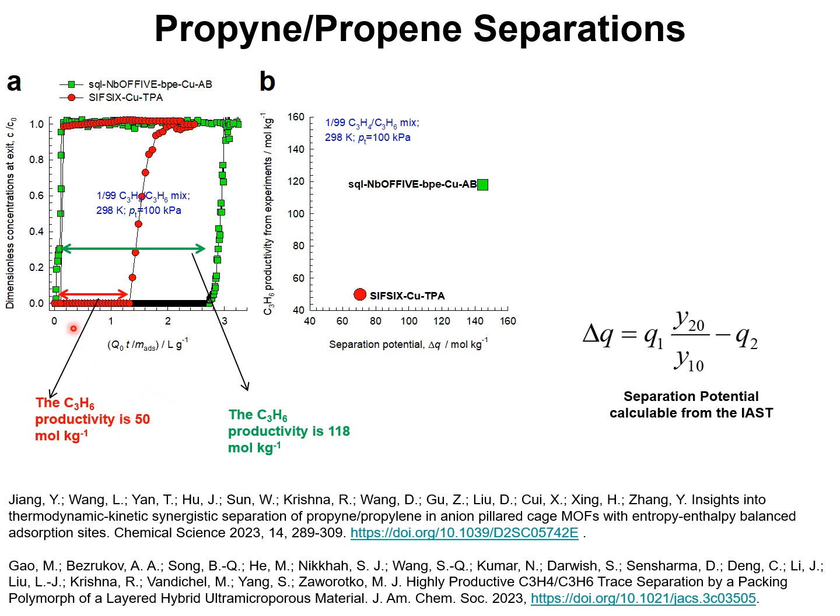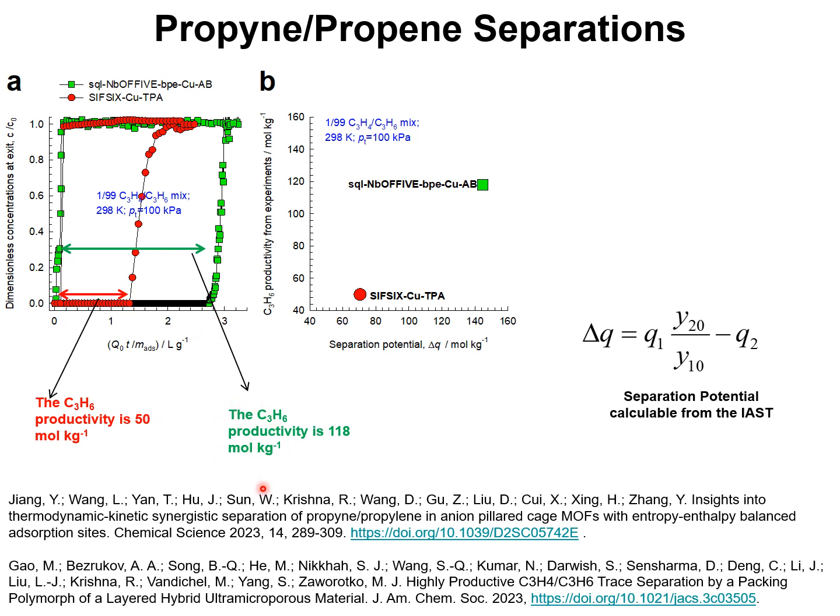On this basis, we note that during the interval shown by the green arrow, purified propene can be recovered with the ultra microporous MOF with a square lattice structure shown by these green symbols.